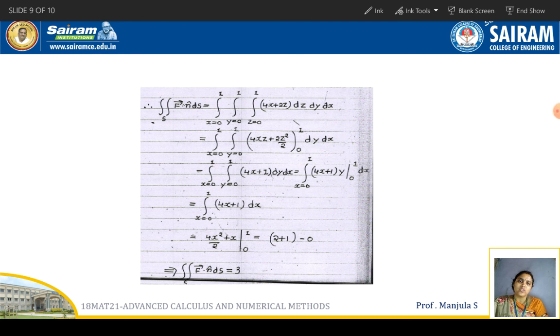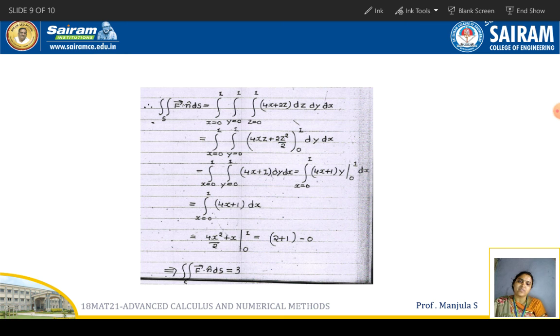So you substitute (4x + 2z) with respect to dz, dy, dx. Inside the integral, first integrate with respect to z. That will become 4xz + 2z²/2, the 2 will get cancelled. You substitute the limits of z, upper limit 1 and lower limit 0. On simplification we are getting 4x + 1.